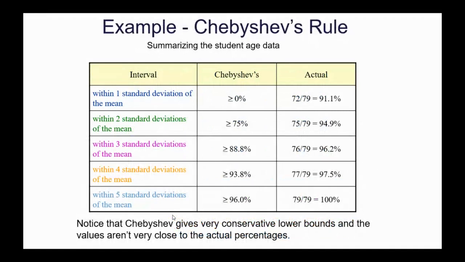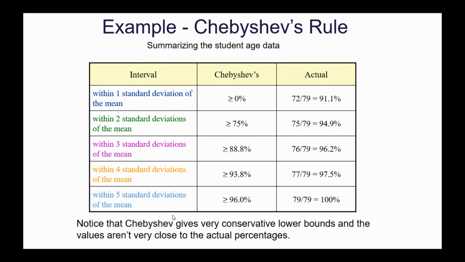Okay, so the purpose of bringing up this data was to show how inaccurate Chebyshev's can be. So how much has to be within 1 standard deviation of the mean? Chebyshev tells us at least 0% has to be within 1.